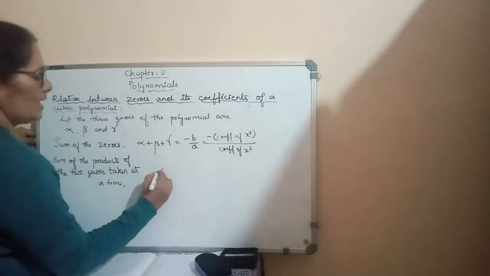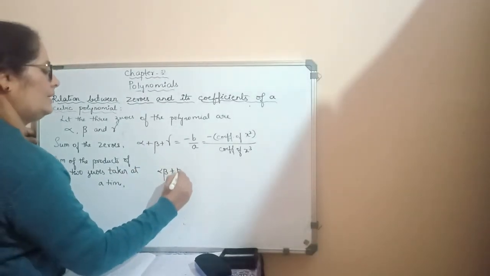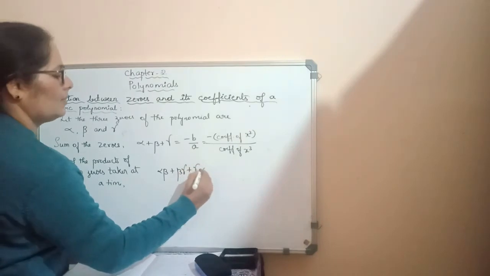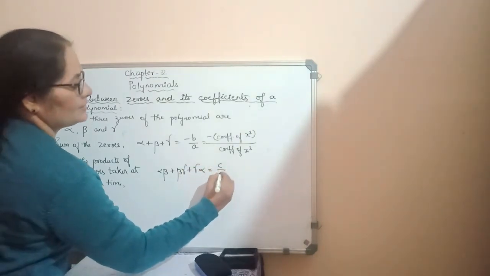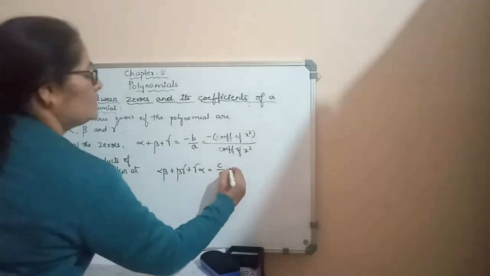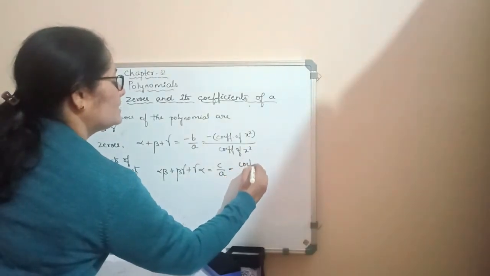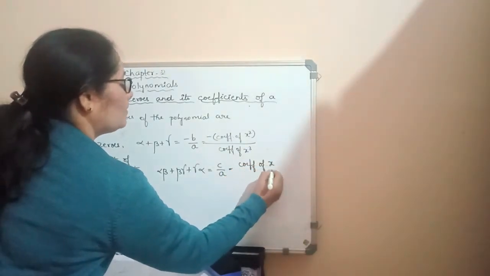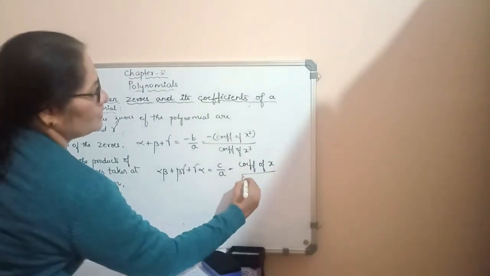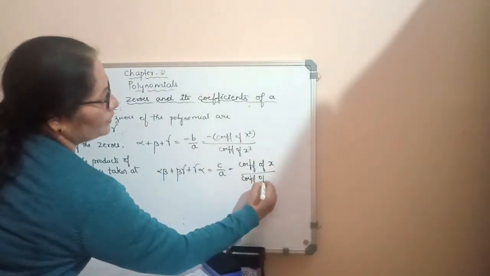That is alpha beta plus beta gamma plus gamma alpha equals c by a. Here c is the coefficient of x and a is the coefficient of x cube.